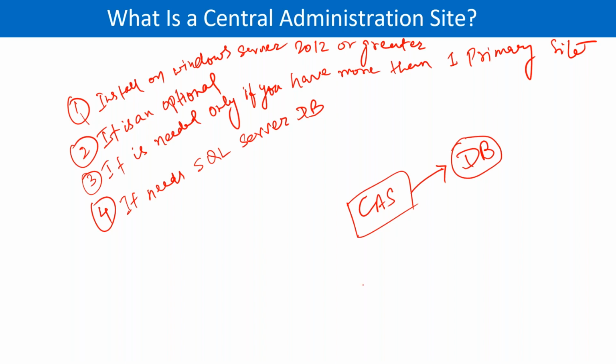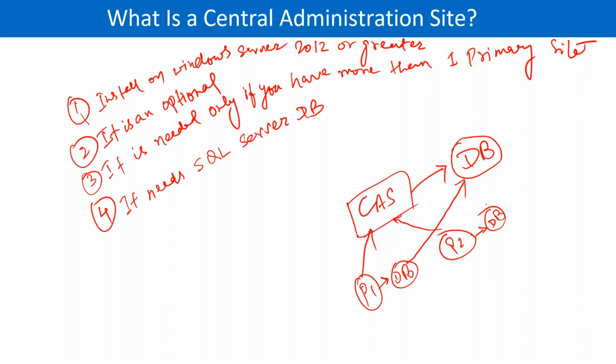It is collecting data from the primary site database. So primary also has a database. Let's say two primary sites are there. Both of them will have a database, and both of them are reporting to central like this. But the data is going to be replicated here. Whatever data this has, it is going to pass on to the central database. So basically this database is collecting data of P1 and P2 both.